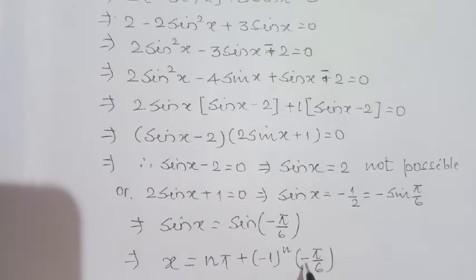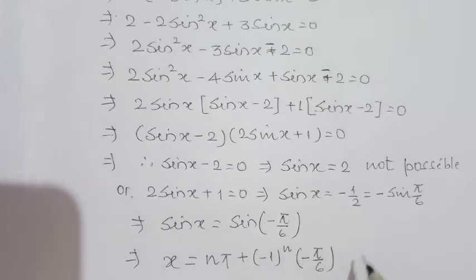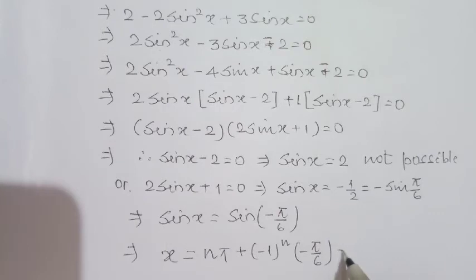Minus is already here and minus 1 to the power n is here, so we write it as n pi plus minus 1 to the power n plus 1 pi by 6.